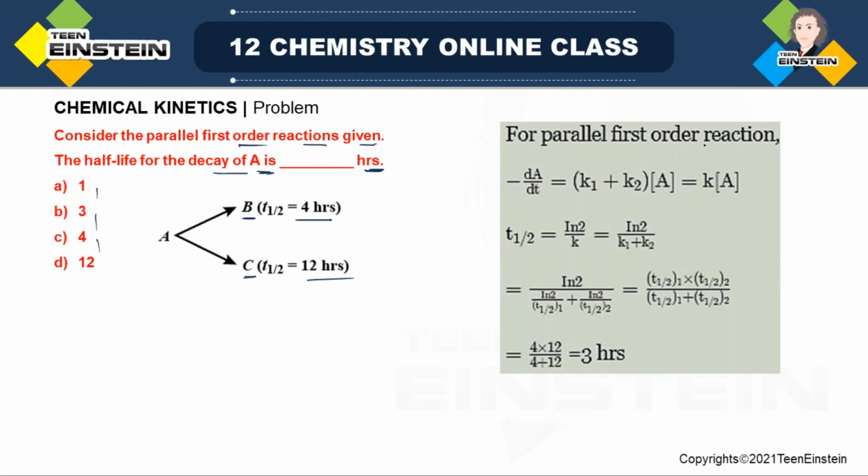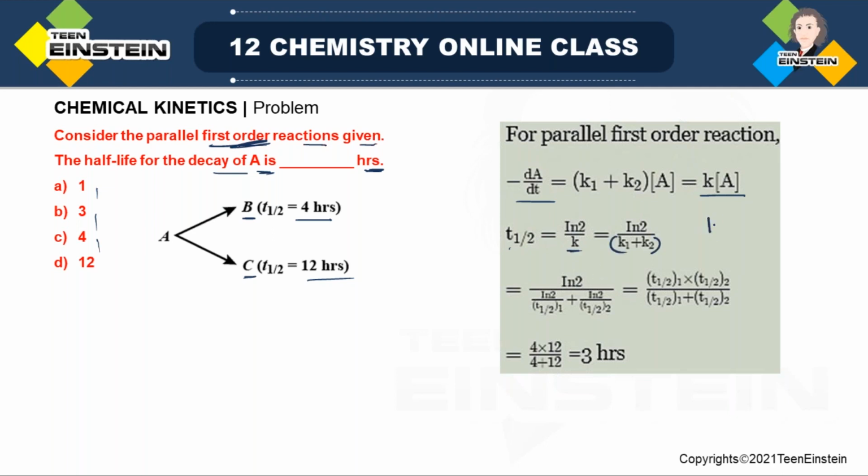Now for a parallel first order reaction, we have already used this relationship. As it is mentioned, it is first order. For first order, T half is equal to ln2 by k. Now in place of k, we will write k1 plus k2.